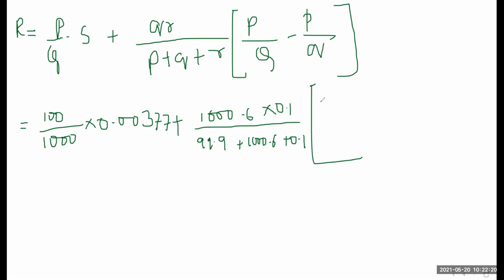Here you again put P is 100, divided by Q is 1000.6 and minus small p is 99.9. Sorry, and this will be Q is how much? Sorry, capital Q is not 1000.6. Capital Q. I'm doing the wrong thing. Even nobody is telling me.